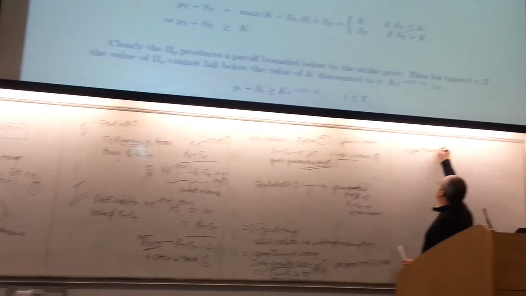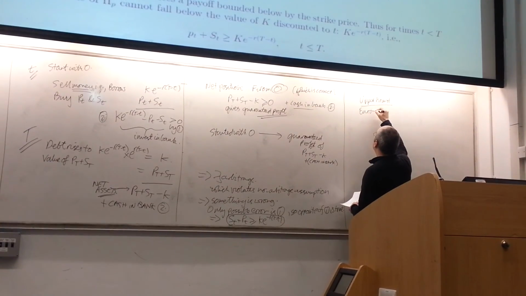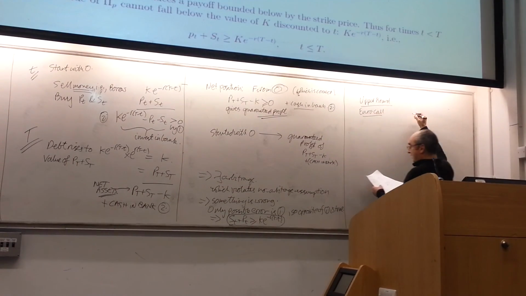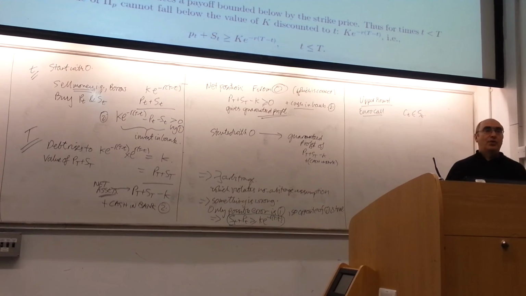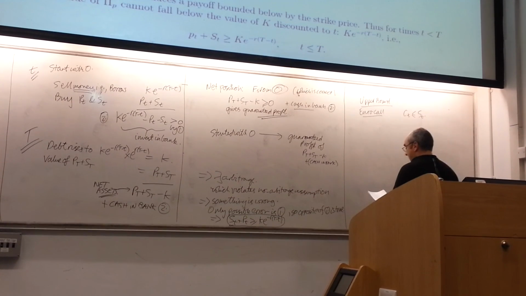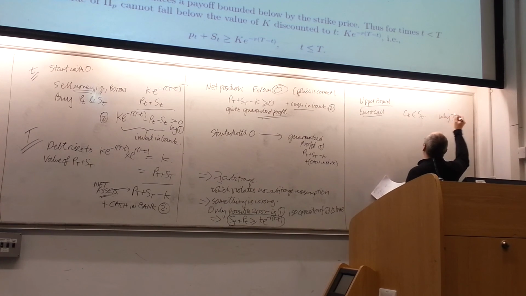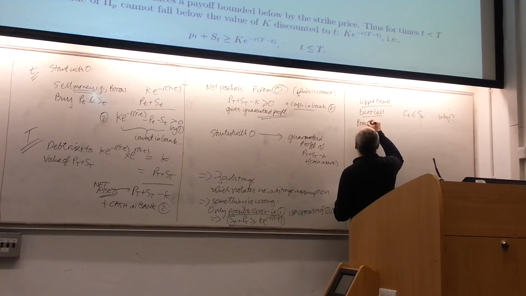Let's have a look at some upper bounds. So an upper bound on a European call. Okay, the conjecture is that the European call is always cheaper than the asset, or less than or equal to the value of the asset. Okay. Why? Well, again, it's proved by contradiction.